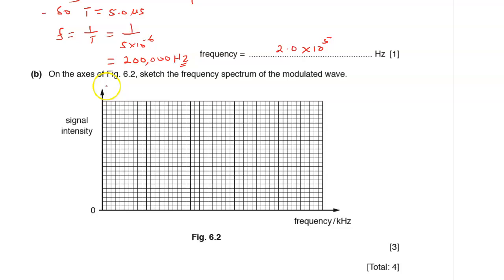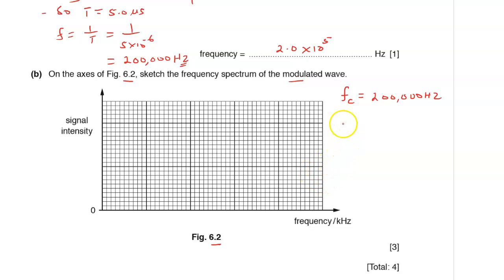On the axis of fig 6.2, sketch the frequency spectrum of the modulated wave. This is an amplitude modulated wave, so we need to sketch that, and we know that the frequency of the carrier wave, as you have found out, is 200,000 hertz.